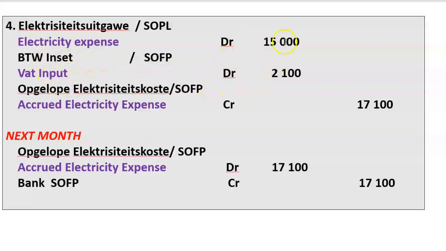VAT input will be 15,000 times 14%, debit 2,100, and accrued expenses would be credited with the full amount of 17,100 Rand. Then next month, when I'm going to pay that 17,100 bill, I'm going to debit my accrued expenses and credit bank with 17,100.